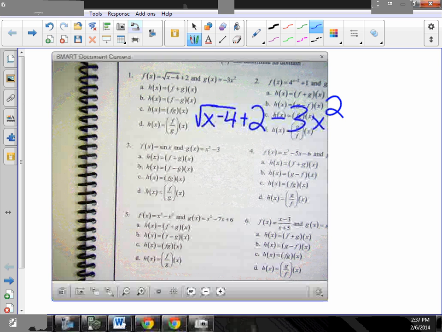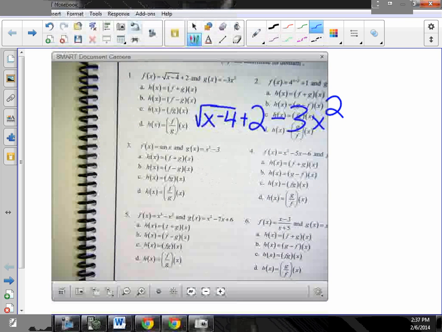Okay, here's a question. No, you can't, because square roots and regular numbers are not like terms, so you can't do anything. So in this case, we have a whole bunch of y values, but the y values in the first function are limited by the x values.